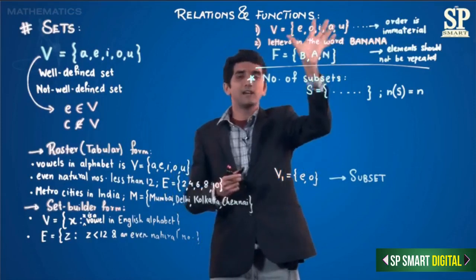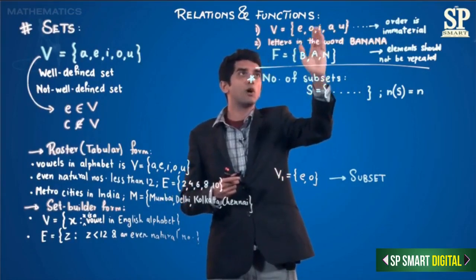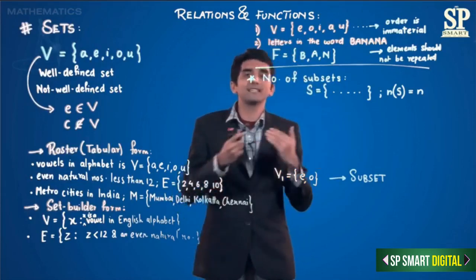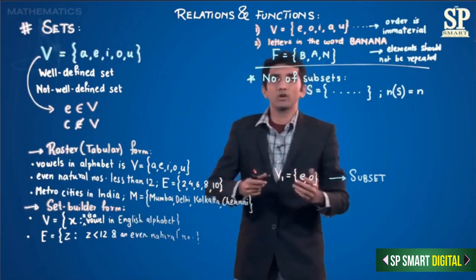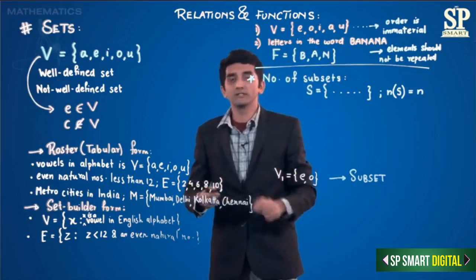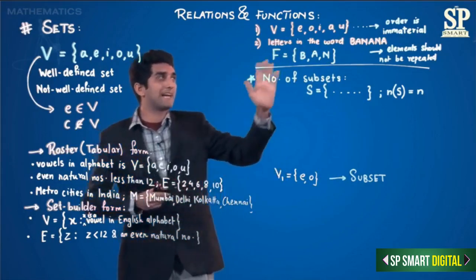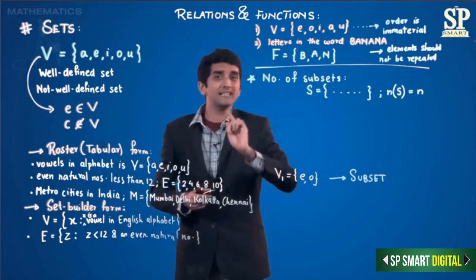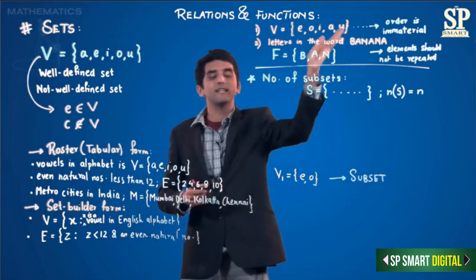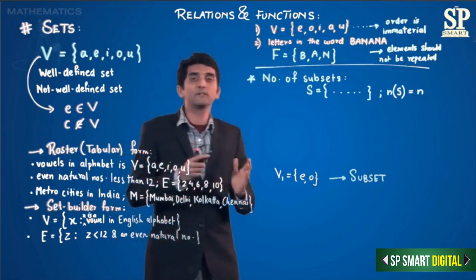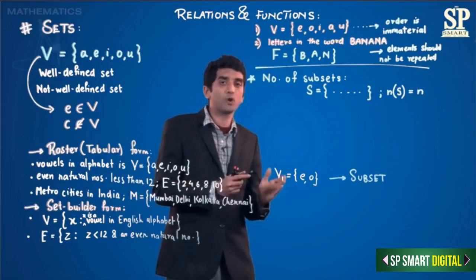So basically I can say that E, O, I, A, U is also a subset of V, but that is an improper subset because it has all the elements. A proper subset is something which has at least one element less than the elements that the original set has, right? So that is the difference between an improper subset and a proper subset.